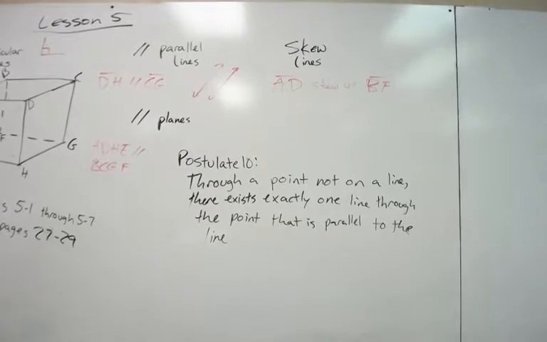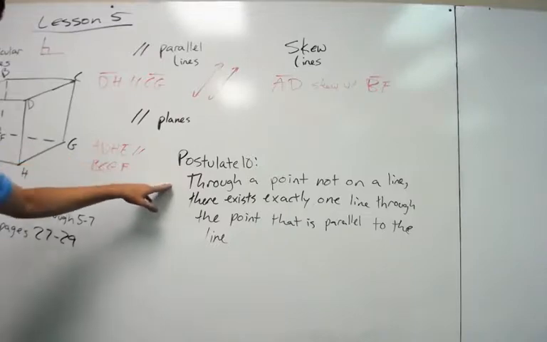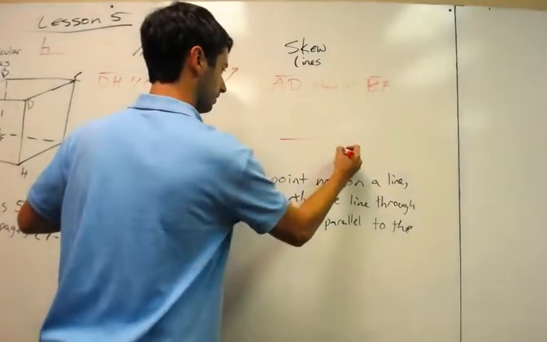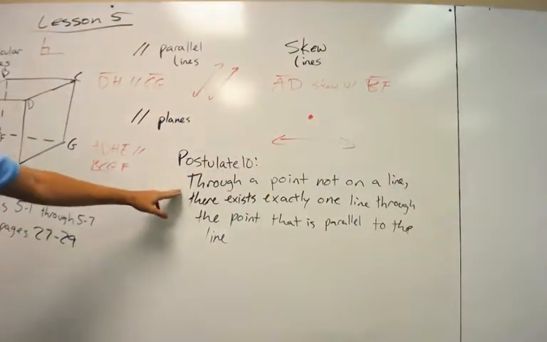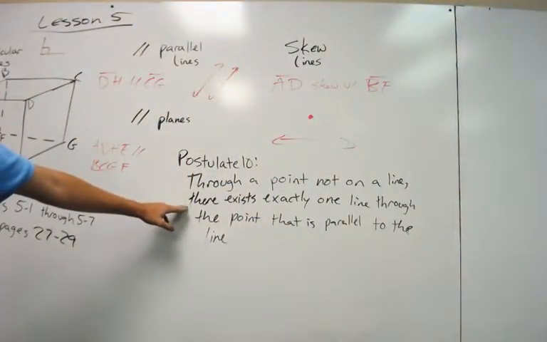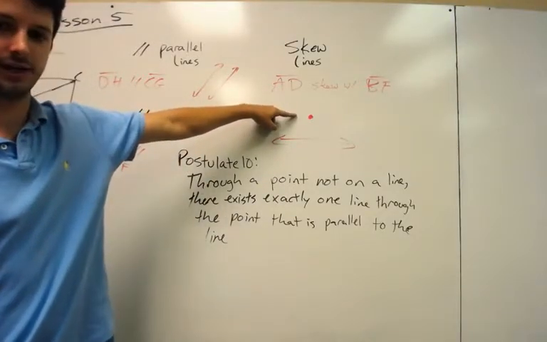And then the only other thing really in this lesson to go over is postulate 10. And postulate 10 states, through a point not on a line, so we have a line and a point not on the line, there exists exactly one line through the point that is parallel to the line.